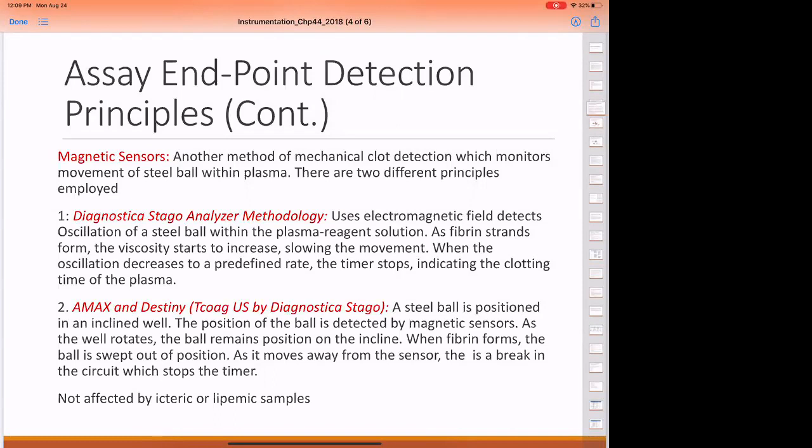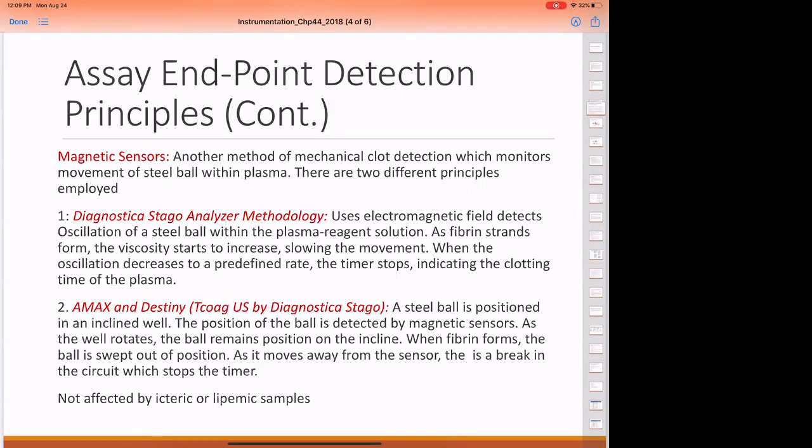The STA analyzer methodology uses an electromagnetic field that detects the oscillation of a steel ball within the plasma reagent solution. The oscillation is the movement back and forth at a regular speed. As the fibrin forms, the viscosity starts to increase in the sample, slowing down the movement. When the oscillation decreases to a predefined rate, the timer stops, indicating the clotting time of the plasma.